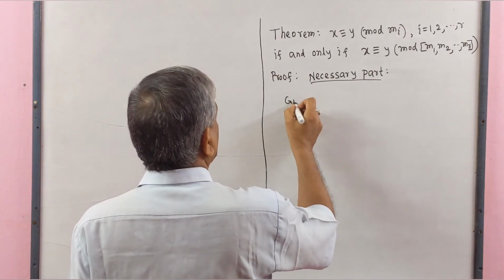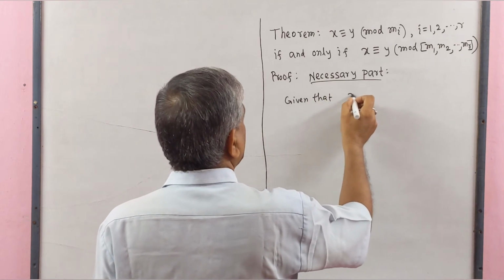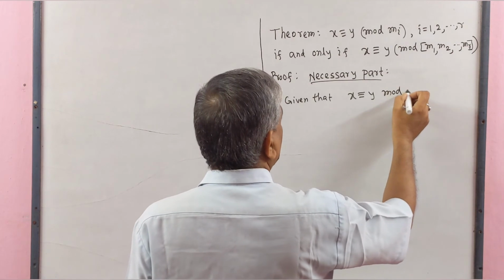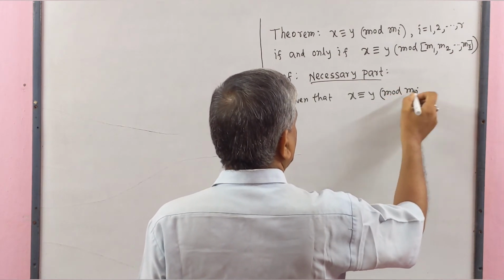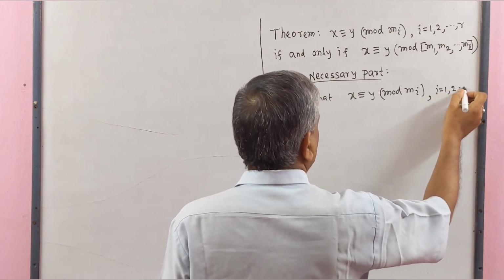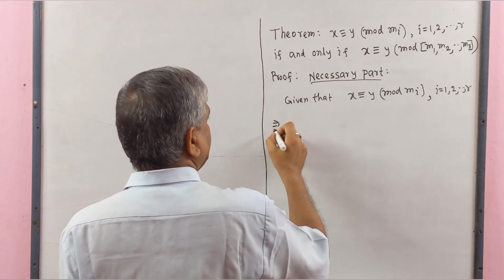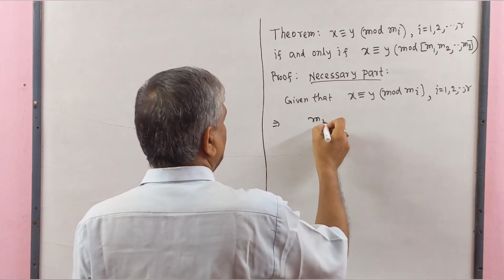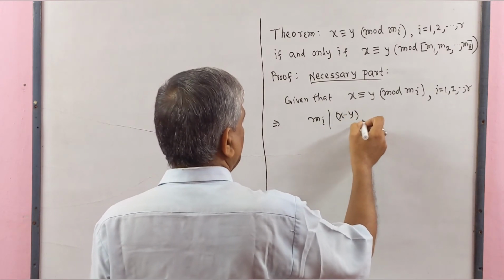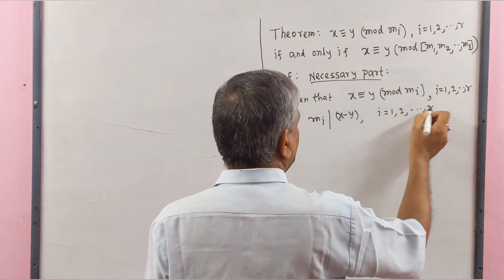Given that x is congruent to y modulo mi, i equal to 1, 2, ..., r, implies that mi divides x minus y, i equal to 1, 2, ..., r.